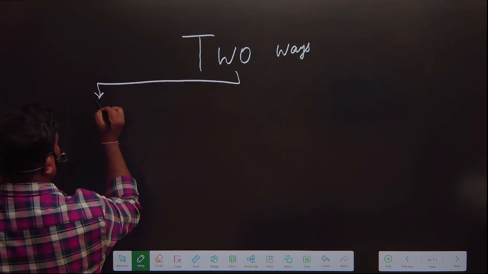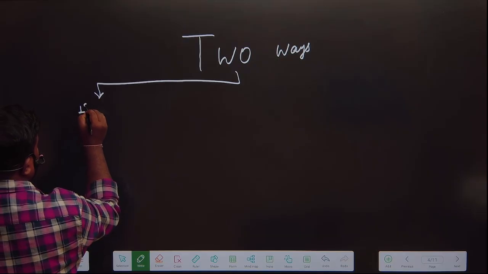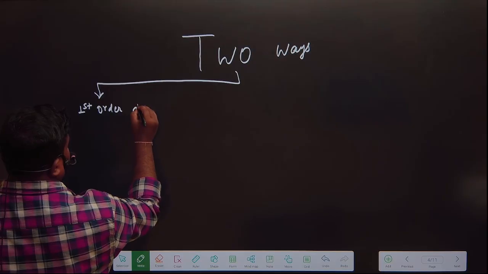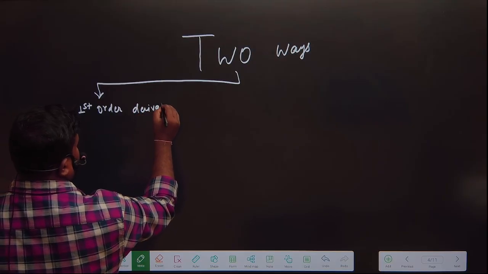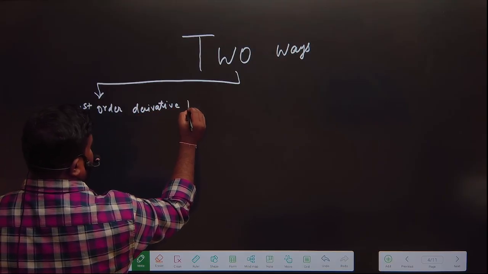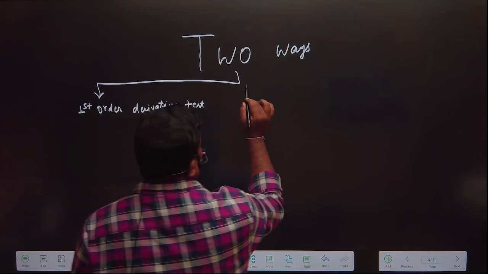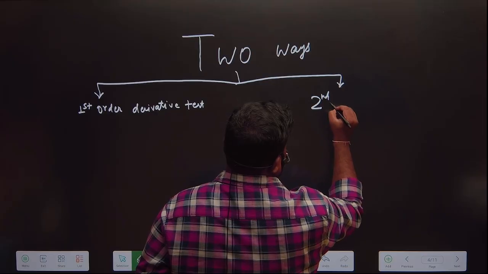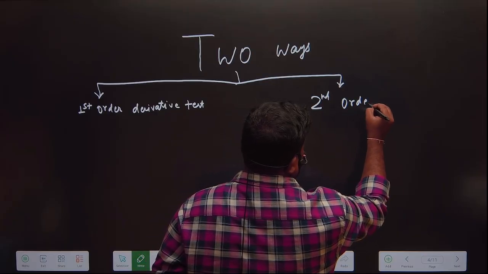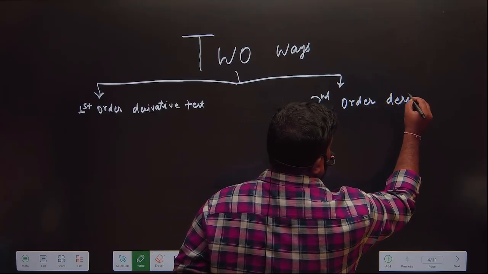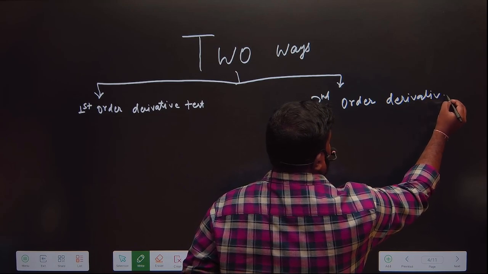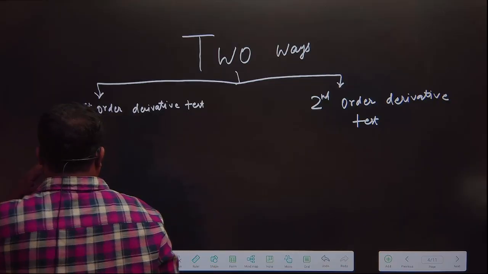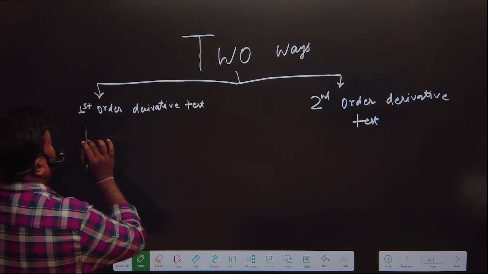The first is the first order derivative test. The second one is the second order derivative test. Now I'm going to explain the meaning of the first order derivative test.